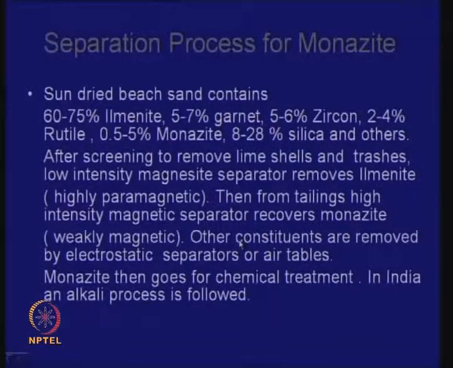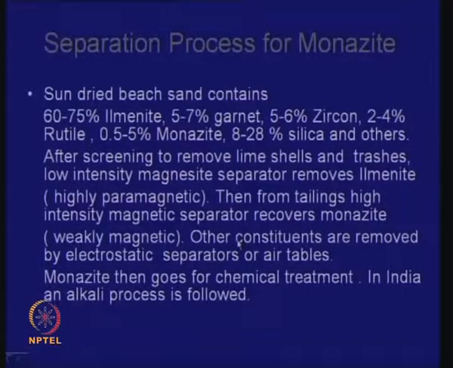Air tables is another way of separating depending on their density, particle size, etc. Then after we have separated monazite, essentially by magnetic separation, it has to go for chemical treatment, which as I mentioned can be by acid leaching or it can be by alkali leaching.